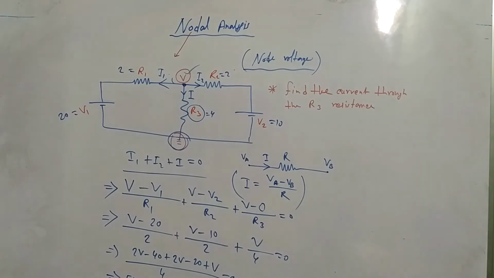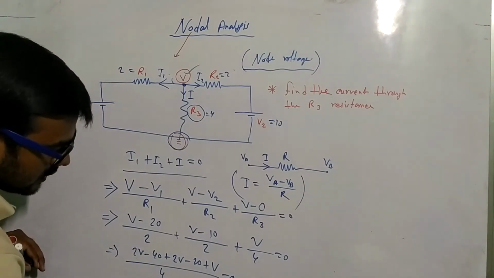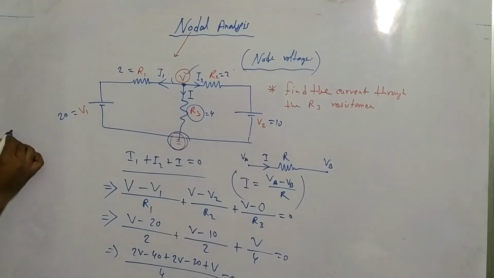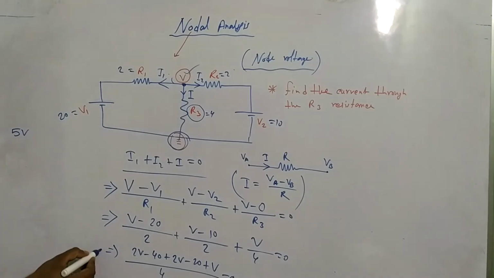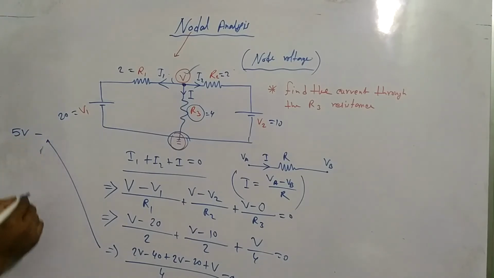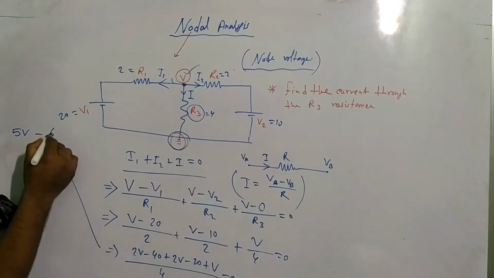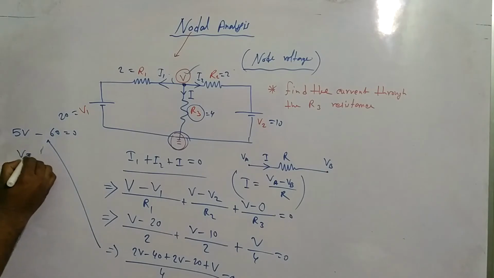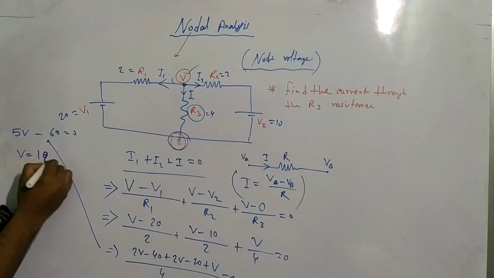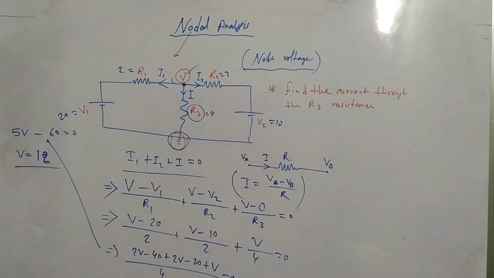I think this portion is not clear, so from this line, 5V minus 60 equals 0. So V equals 12. V equals 12 volt.